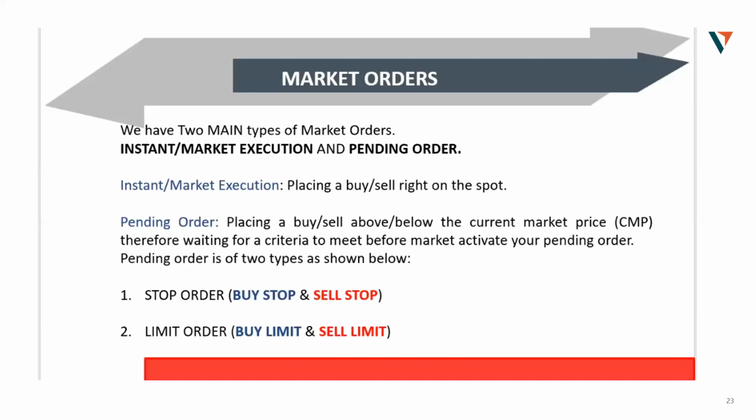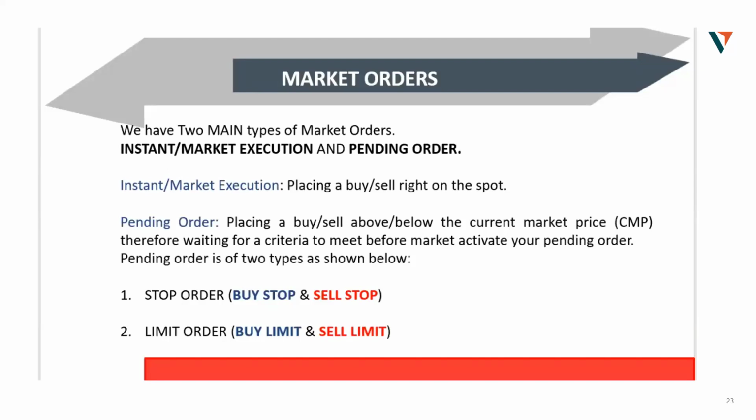That's what we call a pending order. So a pending order is a buy or a sell trade above or below the current market price, therefore waiting for the market conditions to be met before that trade is activated, right?